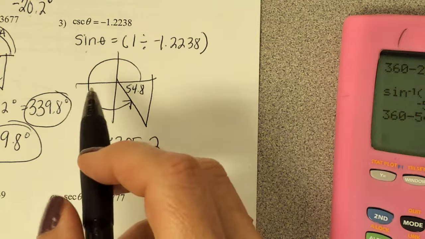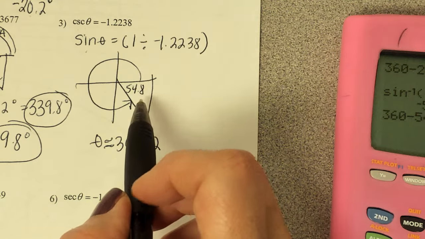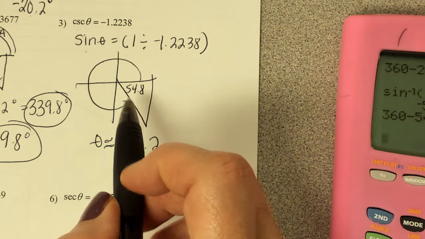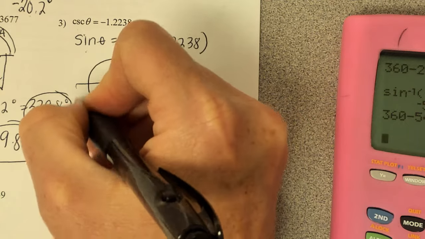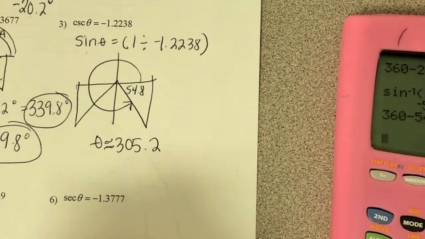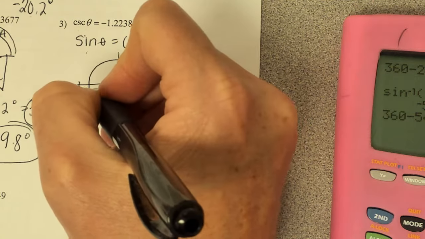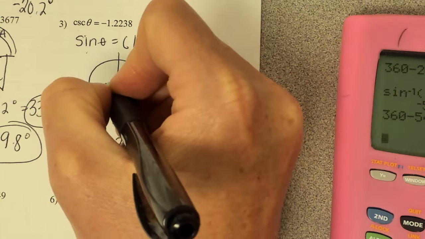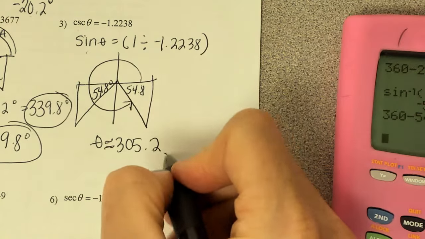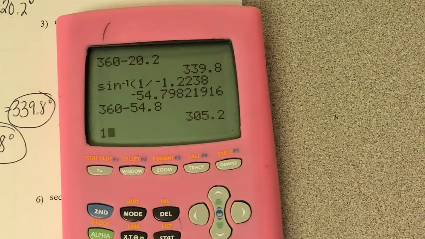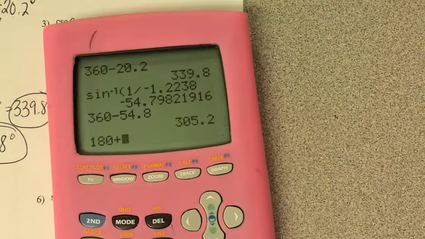Which other quadrant are we going to use besides quadrant 4? How'd you know that, Emily? You said 3? Right, so sine would have to be negative here. So it's 54.8 right here. And then we find that by doing 180 plus 54.8.